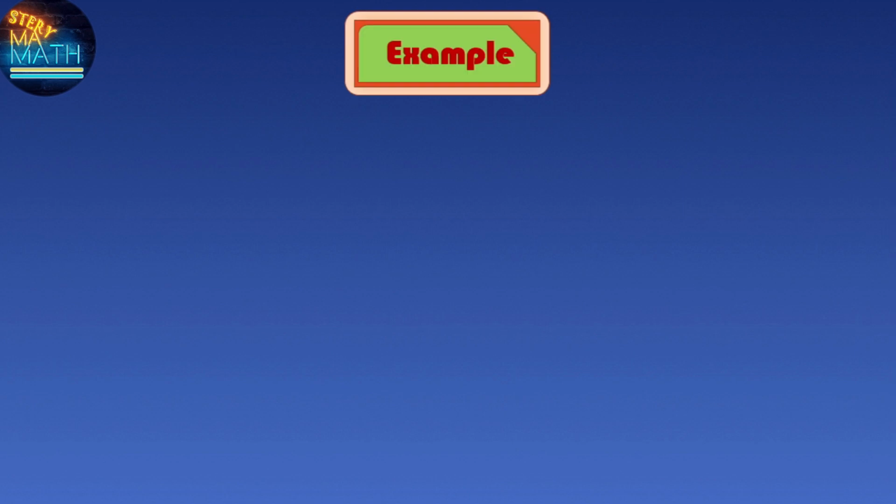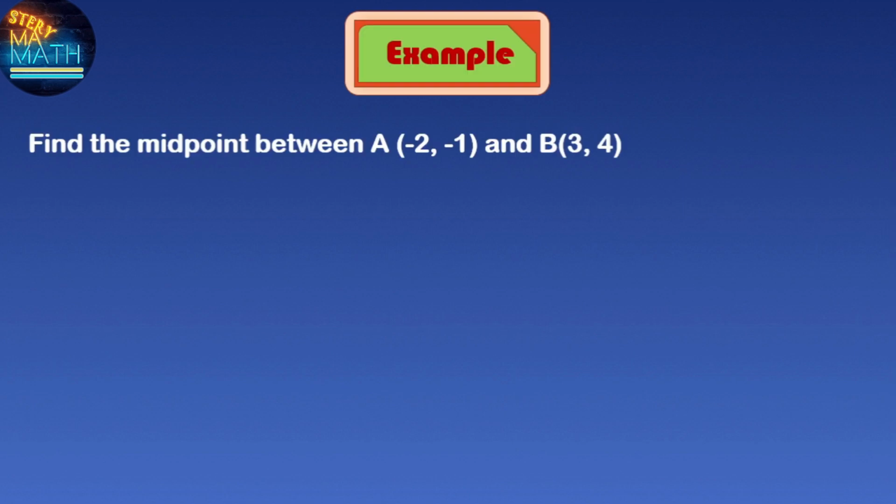The second example is find the midpoint between A (-2, -1) and B (3, 4). We will do the same procedure. x1, y1 represent the first point, x2, y2 represent the second point. The formula is m equals (x1 plus x2) divided by 2.